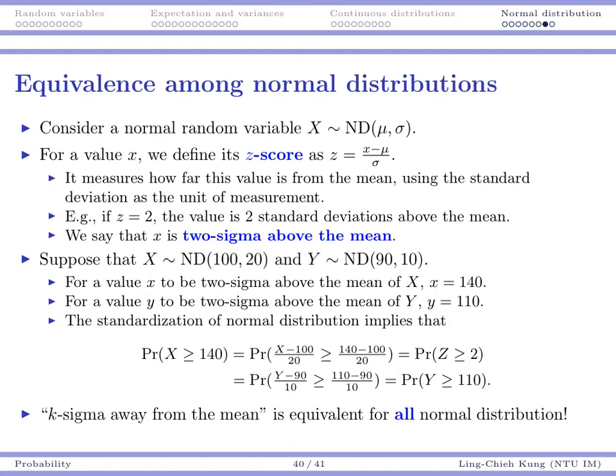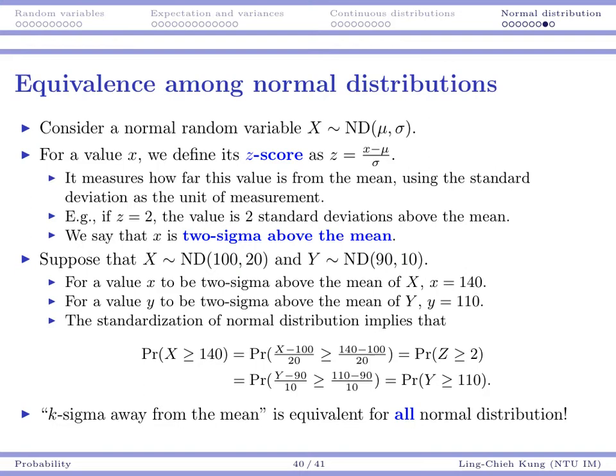For example, if z is 2, then the value X is 2 standard deviations above the mean. We sometimes say that X is 2 sigma above the mean, and sigma just means standard deviation. So in that case, we probably want to ask, is 2 sigma above the mean far or close to the mean? I don't know.